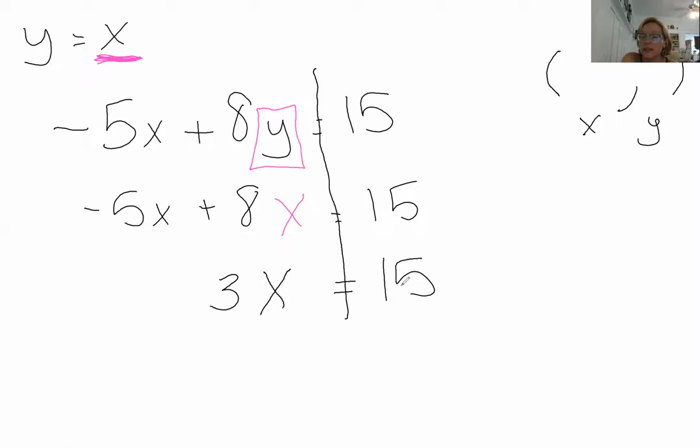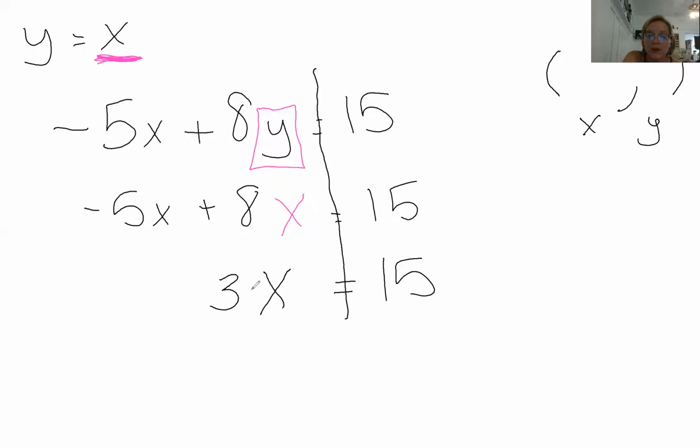Okay, so we replaced our y with our x, we combined like terms, and now this is where we're at. The goal is to get the x alone, because when we say we solve an equation, we are always trying to figure out what that variable is. So we need to get x by itself. That means that this 3 over here has to move away.